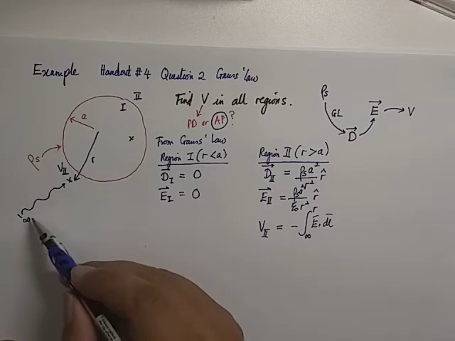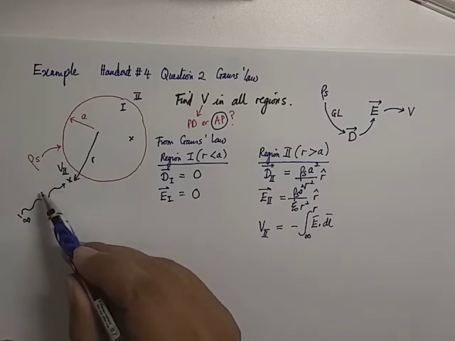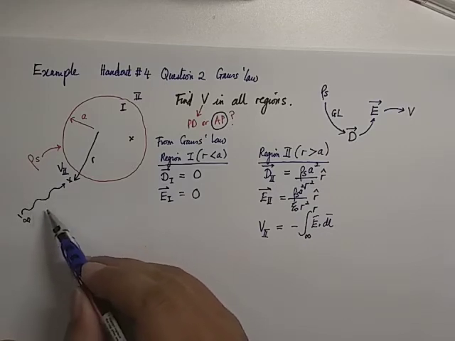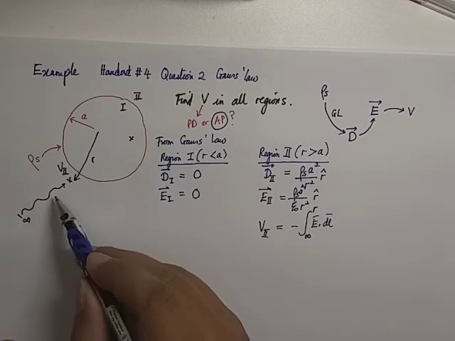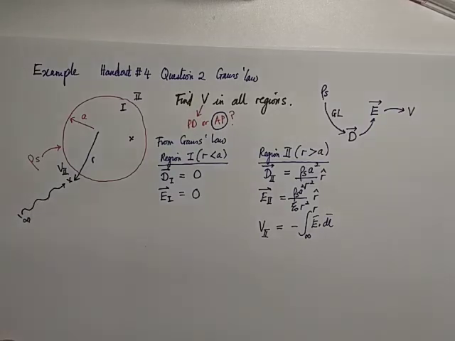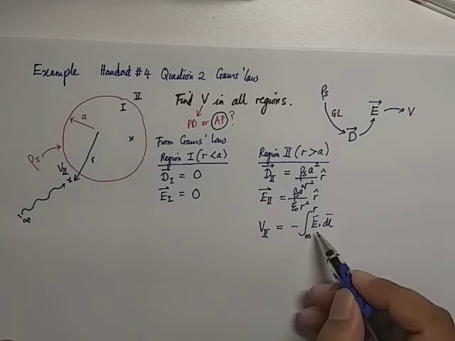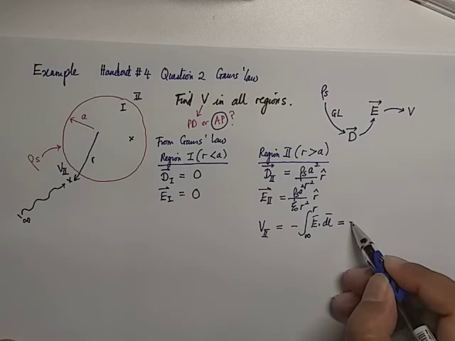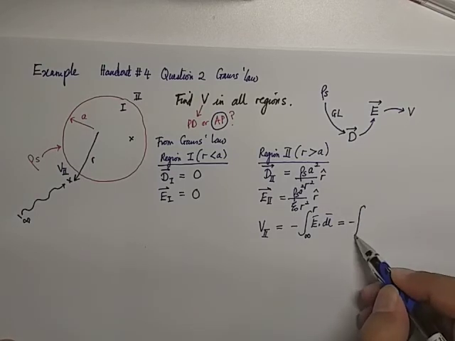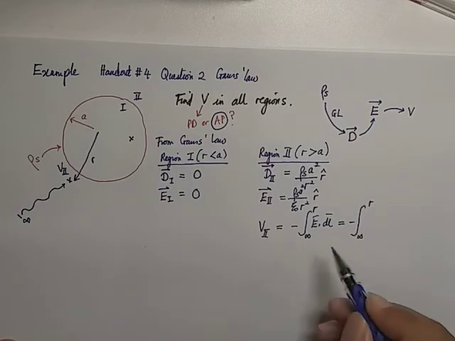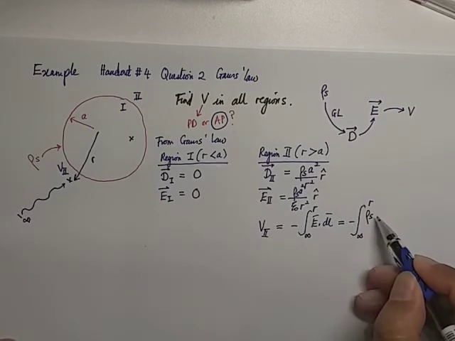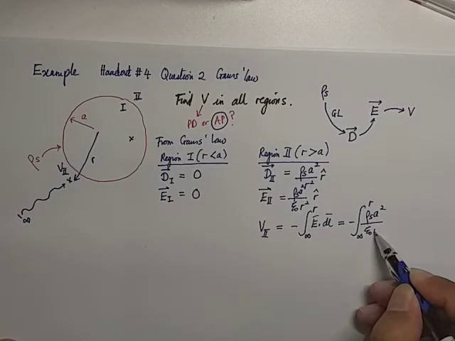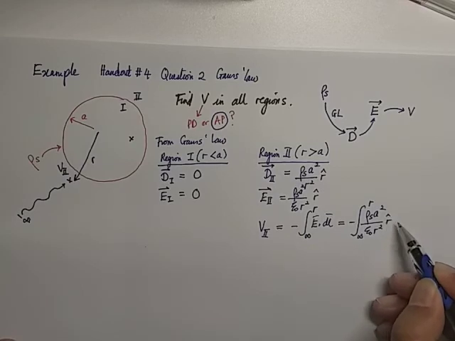When I move from infinity to this location in this region, I can see one field exists. Which field is it? E1 or E2? Yes, E2. So the E I want to substitute here must come from E2. Mathematically, it should be equal to negative integral from infinity to R of E2, which is rho S A squared over epsilon naught R squared in the R direction, dot with dl.